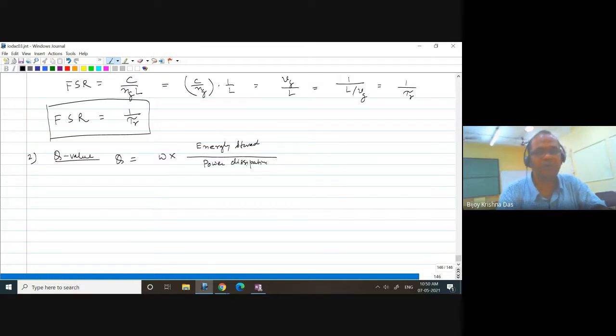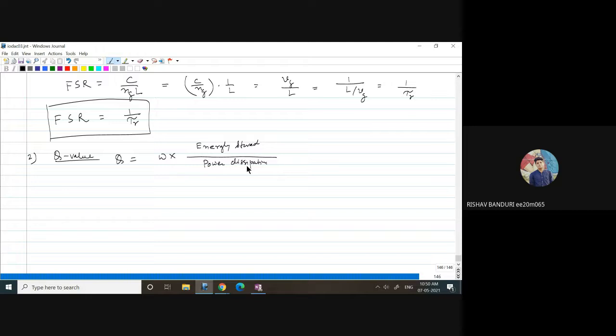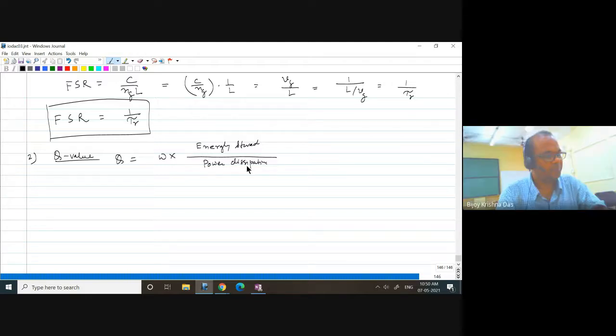What is the difference between power and energy? Anyone? Energy per time. So energy flow per unit time is the power. So where I am saying power dissipation, that means energy dissipation per unit time.